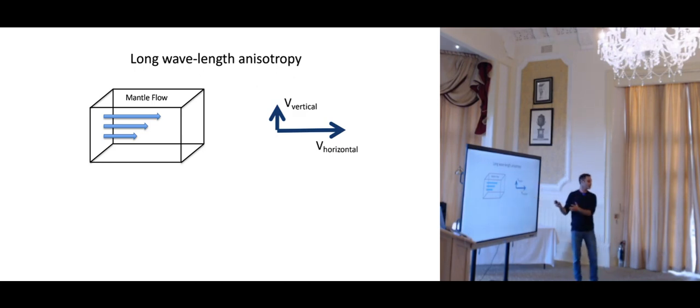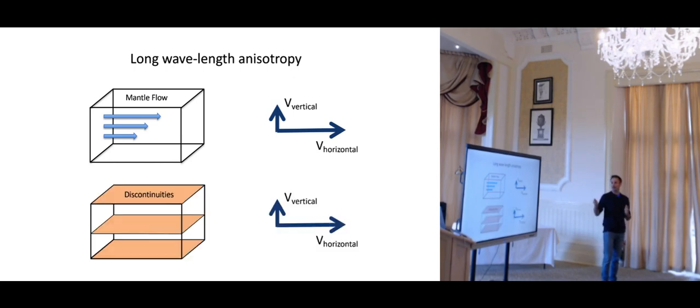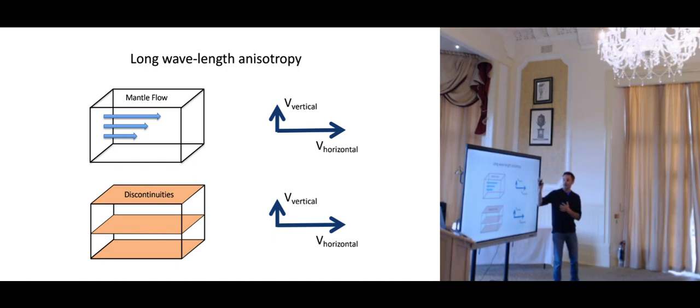So when we see anisotropy in tomographic models, we like to interpret that in terms of deformation, and that's quite useful. But the problem is that a model with discontinuities, completely isotropic but just discontinuities, can produce exactly the same signal. So there is a big ambiguity between small-scale alignment of olivine crystals and discontinuities.